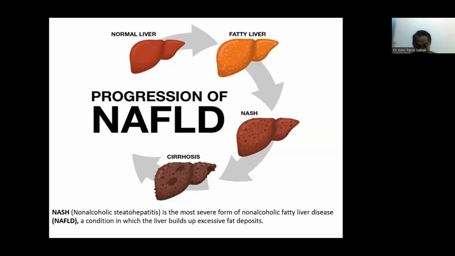That means the fat and the liver tissue that contains it becomes inflamed. And NASH is the most severe form of non-alcoholic fatty liver disease, a condition in which the liver builds up excessive fat deposits. And if nothing is done, then it can progress to cirrhosis. So what is cirrhosis? We'll come to that later.